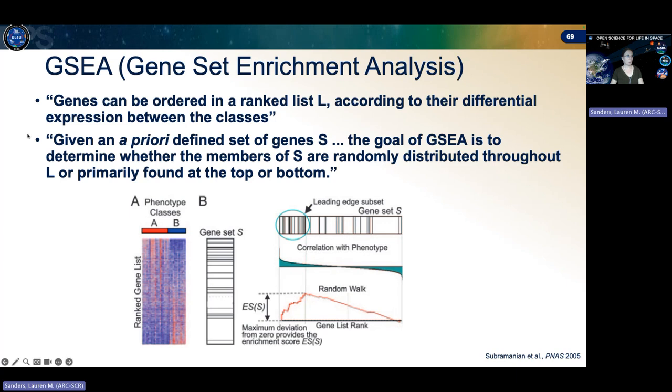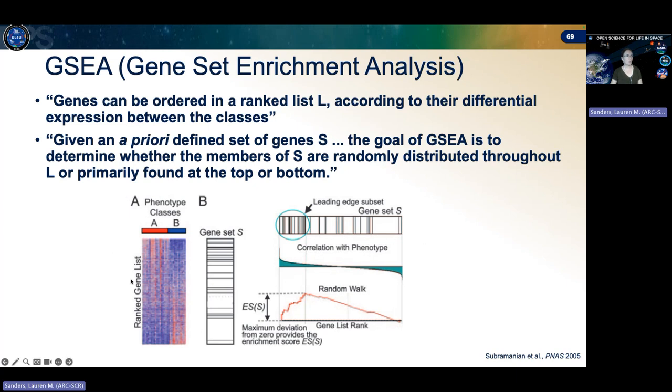And from this paper, the mathematical derivation is: if genes can be ordered in a ranked list L according to their differential expression between the classes, so you can rank your genes by log two-fold change, you can rank them by adjusted p-value, and then given an a priori defined set of genes S, so this is usually a gene set that defines some biological function, so all the genes that are involved in some molecular pathway, for example, the goal of GSEA is to determine whether the members of S are randomly distributed throughout our ranked list L or found at the top or the bottom.